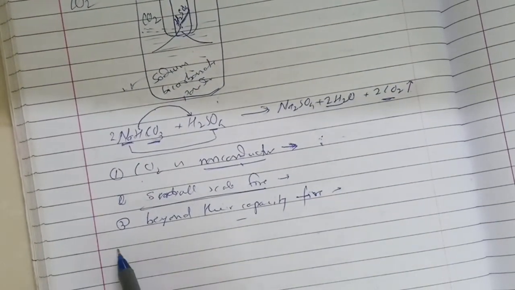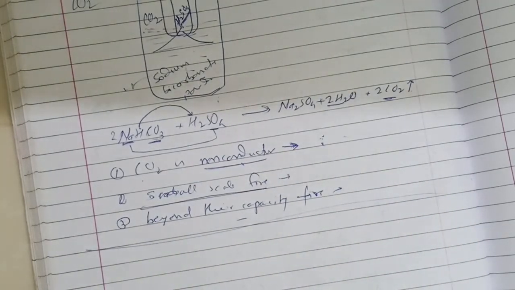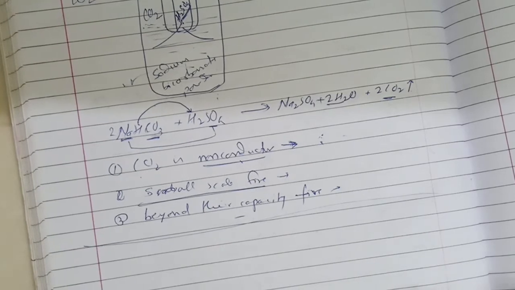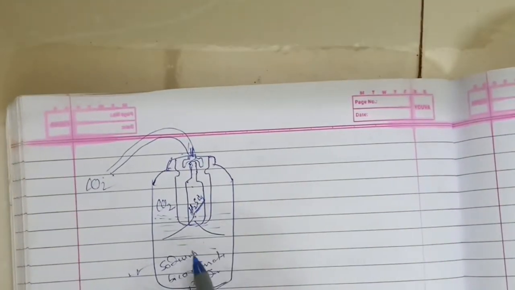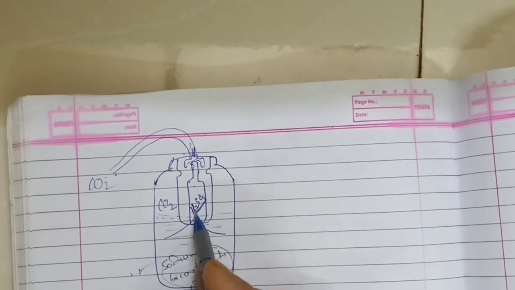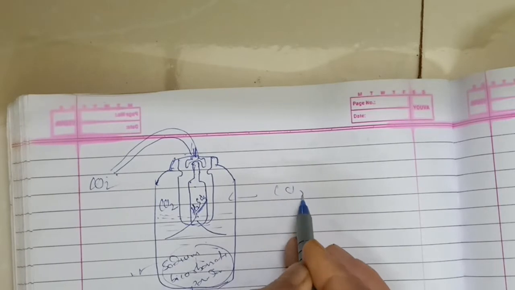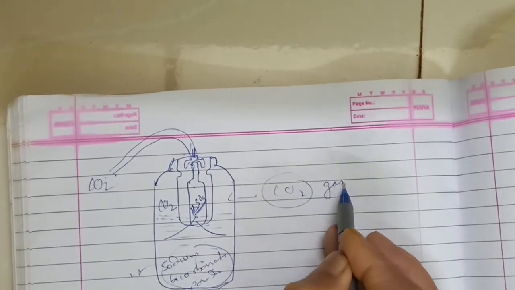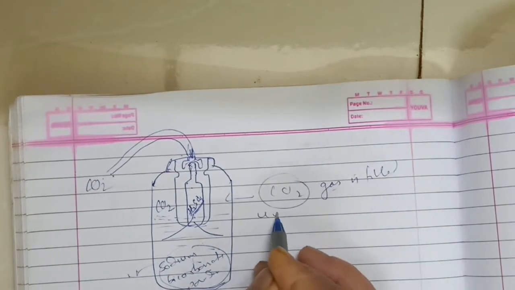Nowadays, in modern technology, a lot of different types of fire extinguishers are used. Now, in the latest ones, instead of sodium bicarbonate and H2SO4, only carbon dioxide gas is directly filled under pressure.